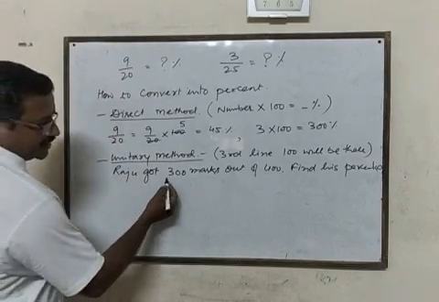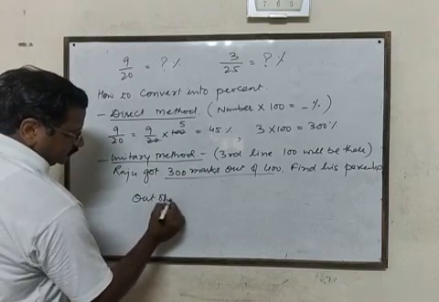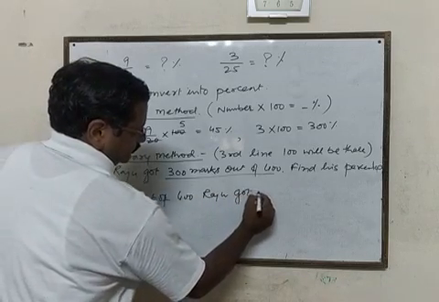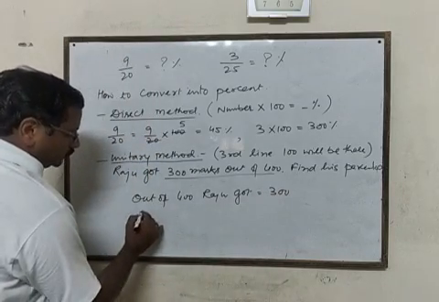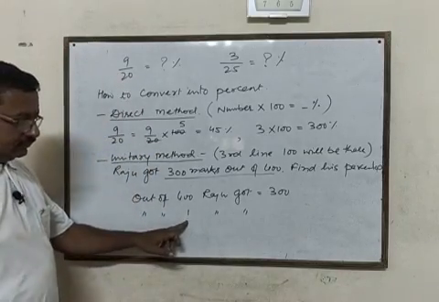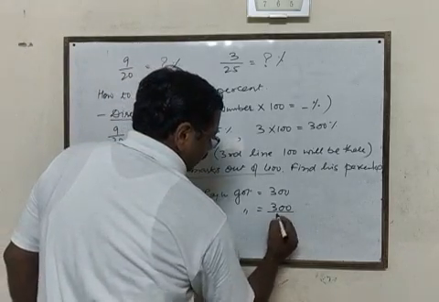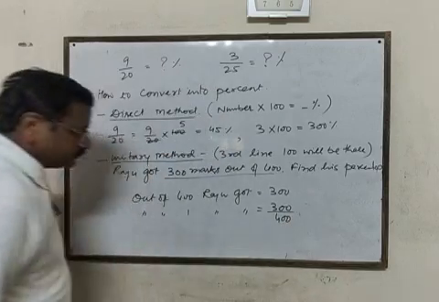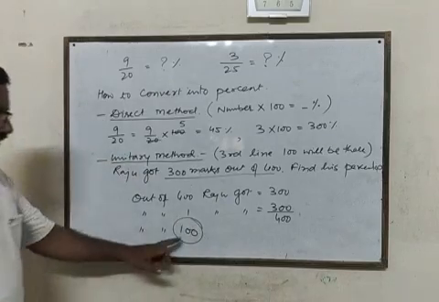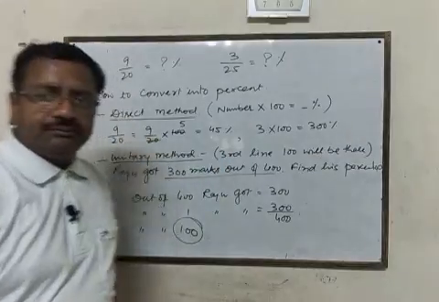So in the unitary method, first line we make here: out of 400, Raju got 300. Out of 1, because in the unitary method the second line has 1, 300 upon 400, and out of 100, this is the meaning, the third line will consist of 100.